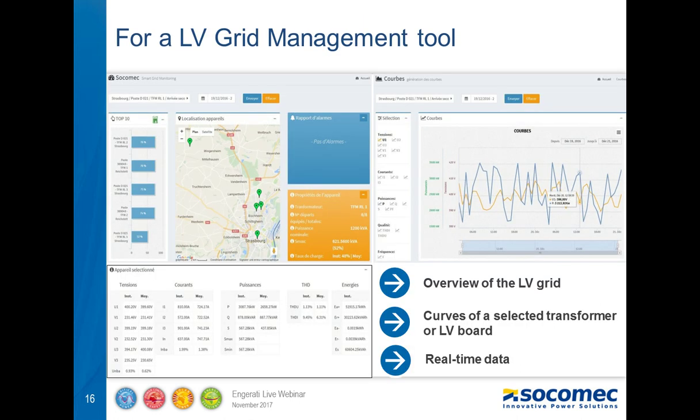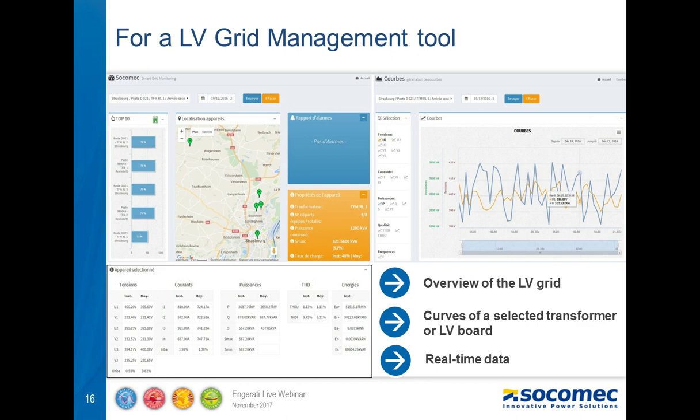And today and tomorrow we see that we are developing new tools, new apps to help the DSO to monitor this low voltage grid by the visualization of the data first, like Wim showed in his presentation, the curve and the different current or voltage level.